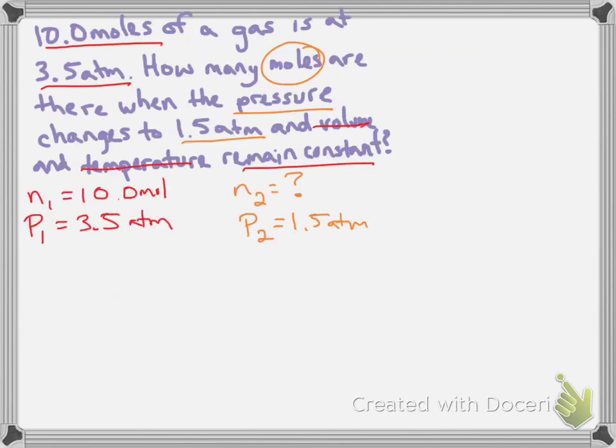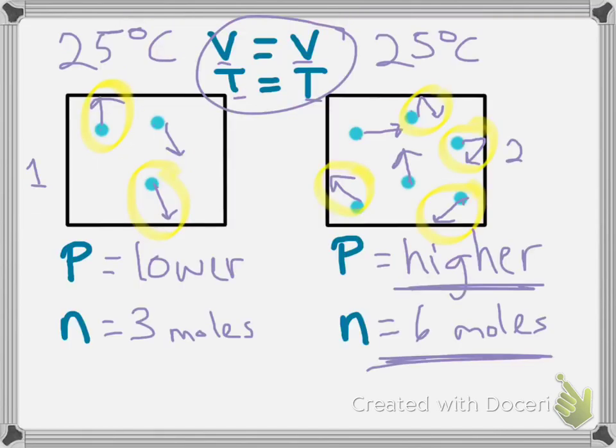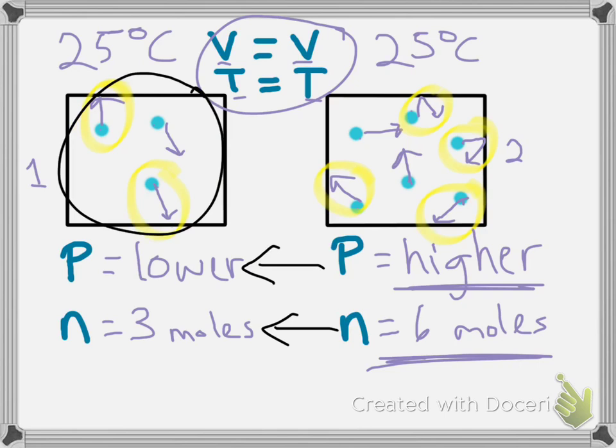So we have all this information. We know that from P1 to P2, pressure is decreasing, right? It's going from 3.5 to 1.5. So therefore, we know that from N1 to N2, our amount of gas needs to also be decreasing, because if pressure is decreasing, then the moles decrease. If we have less pressure, we have a lower amount of gas.